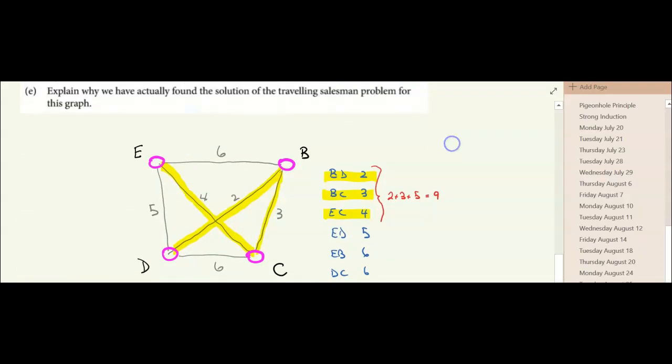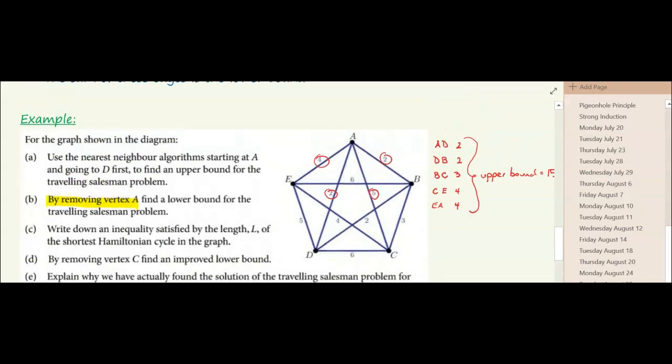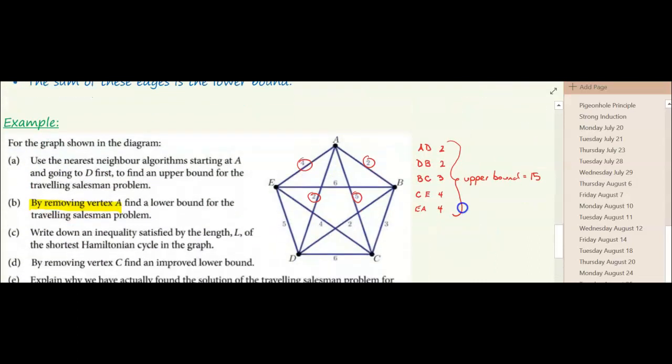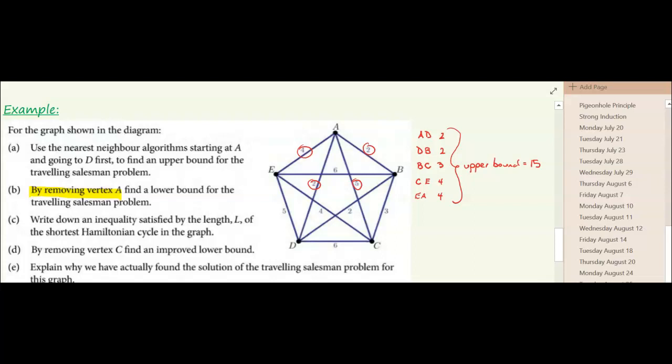So we've got 3 sides there, and with these two we end up with 5 sides, which we have to have in a complete tour to visit all the vertices on a 5 pointed graph. I need 5 edges, so I need 2 more, and I'm going to choose the 2 connecting back to A that are my shortest. So I've got 2 2s there, so they're the ones I'll take, 2 plus 2.